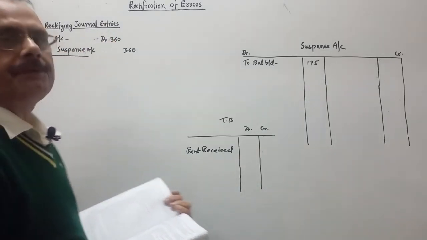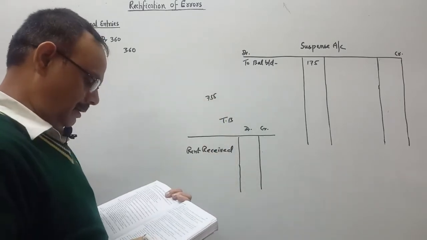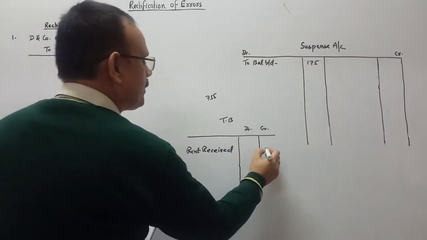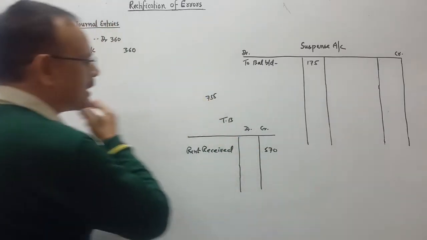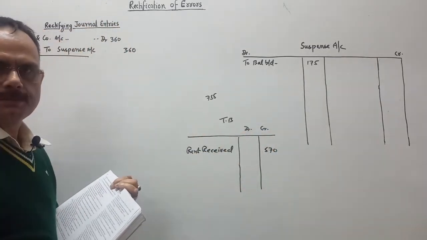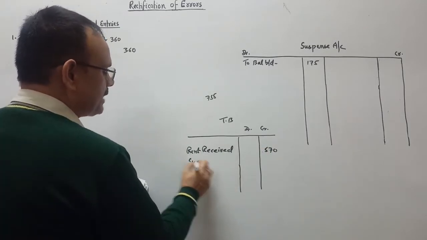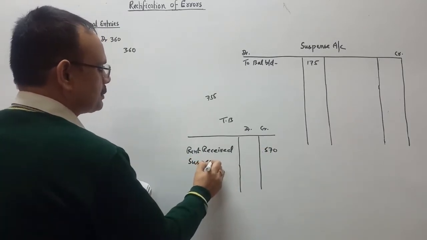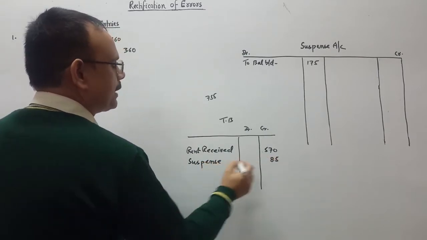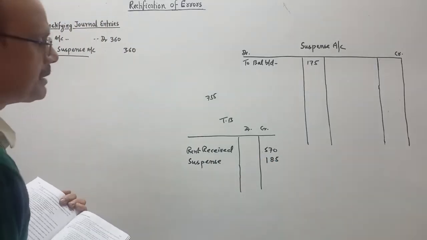So the balance 755 was shown as 570. Instead of 755 we have shown 570. It means on this side the amount is less. To match the trial balance, we have to open the suspense account, and the difference we write over here: 185 is the difference amount.